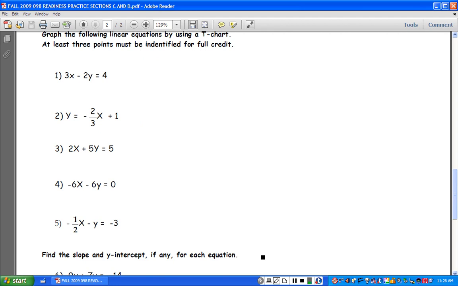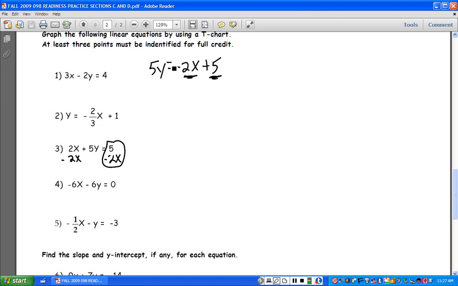Number 3, solving for y. So I'm going to subtract 2x from both sides. So I have 5y equals negative 2x plus 5. Again, these right here are not like terms, so I have to write them out. And I'm always going to write the x term before I write the constant term when I'm doing graphing.